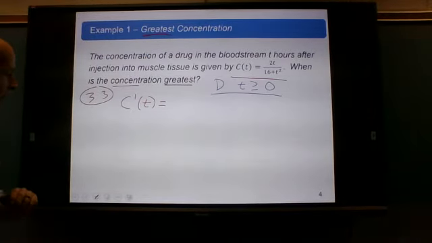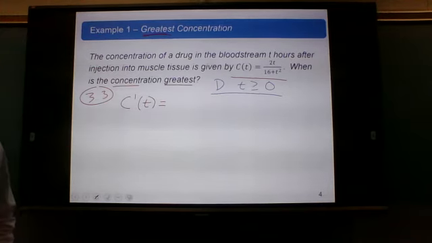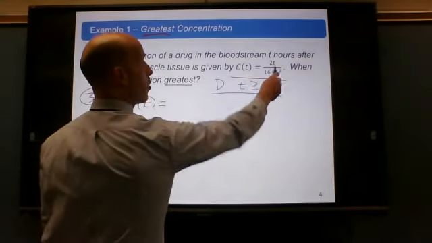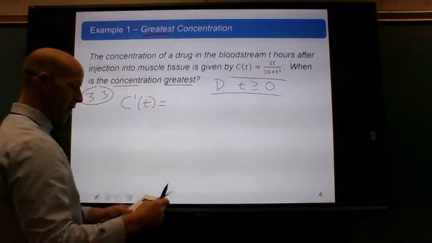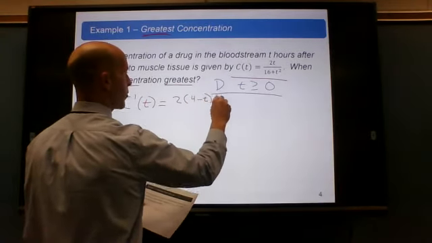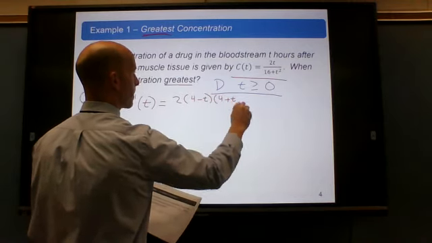Okay, so let's go ahead and find C prime. I'm going to pretend that I've done this, but I'm going to cheat a little bit just to speed up this process. In order to find this derivative, I'm going to have to use the quotient rule, but I'm going to pretend that I've already worked it out in advance to speed the process up a little bit.